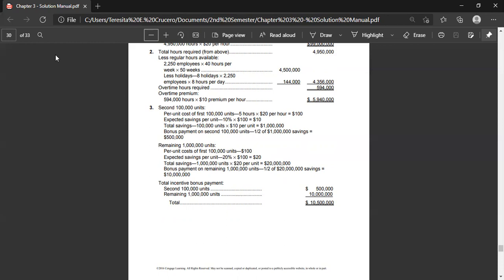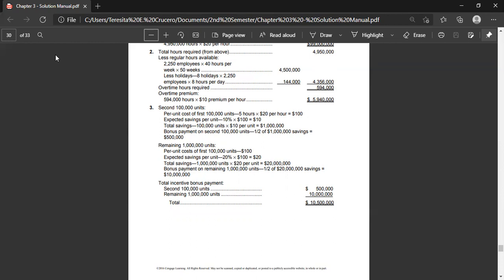So the total savings is 100,000 units times 10 per unit equals 1 million. Bonus payment on second 100,000 units is one half of 1 million savings. So it's $500,000.